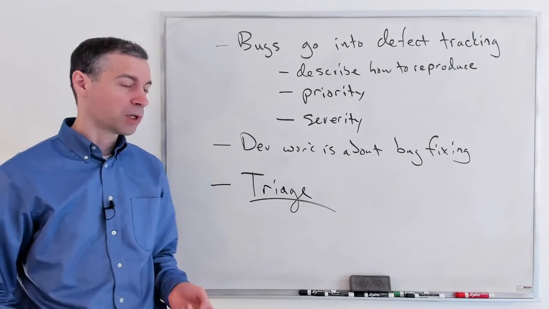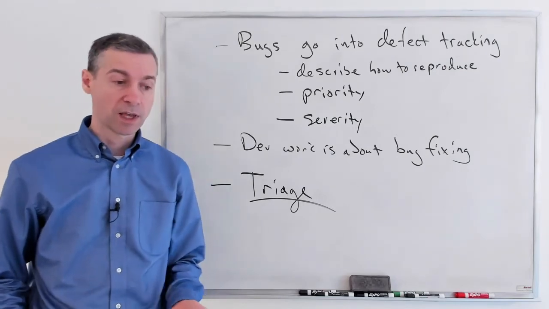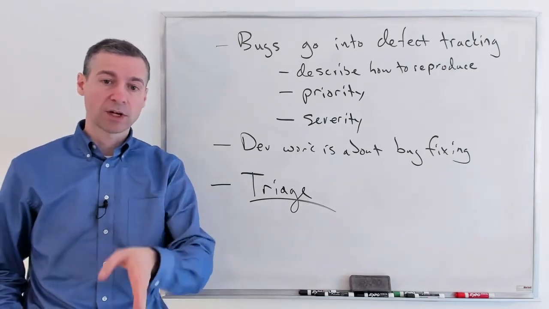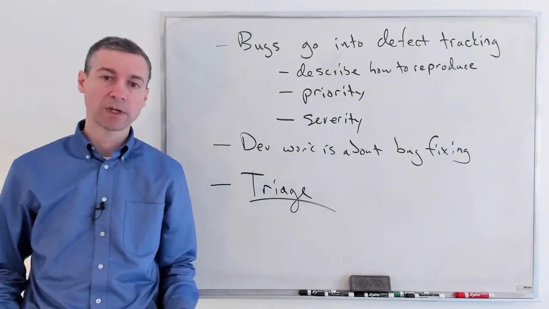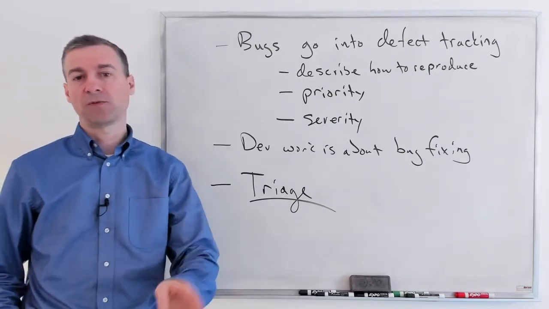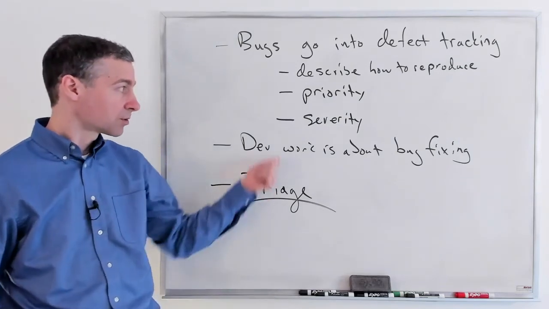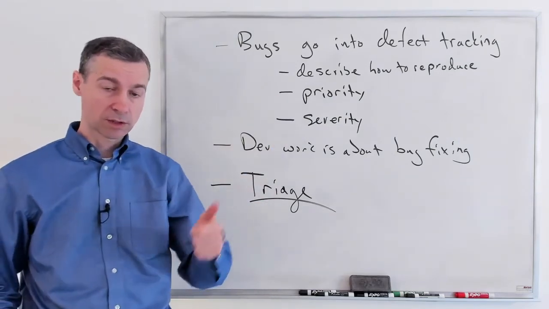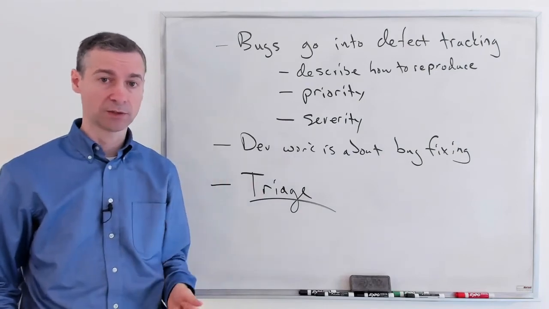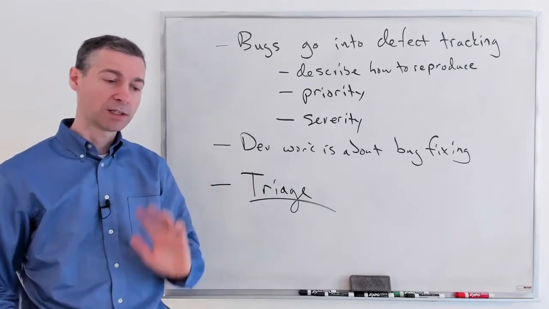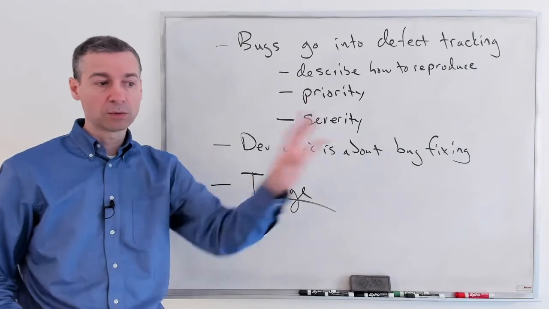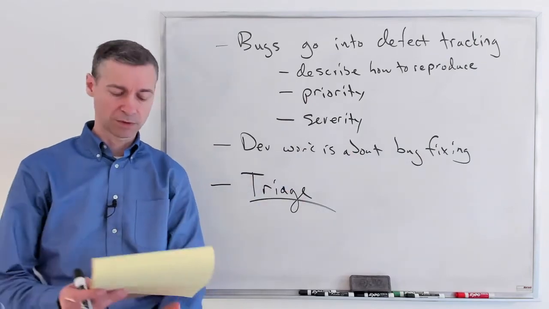You might very well enter into triage to say, we've got to say this software is done at this point in time. What are we going to get fixed before that time? So you start picking some bugs that are going to get fixed and some that are not.